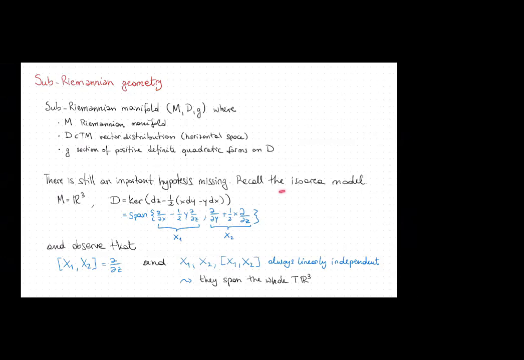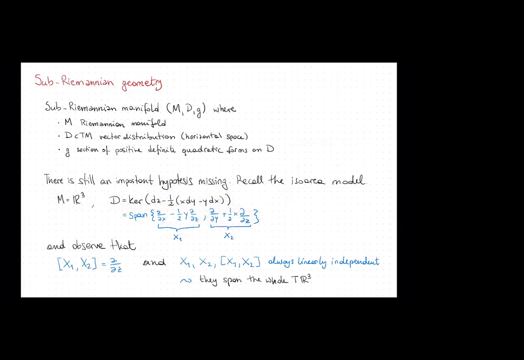Let's look at the isoarea model. I said my ambient space is R3, and I said that the distribution is the kernel of this one-form. Another way of looking into it is by taking 2 linearly independent vectors that span that space. You can check that if you feed the one-form with those 2 vectors, you will get 0. So they belong to the kernel, and you can also check that they are linearly independent.